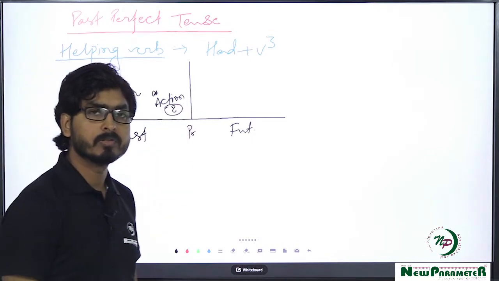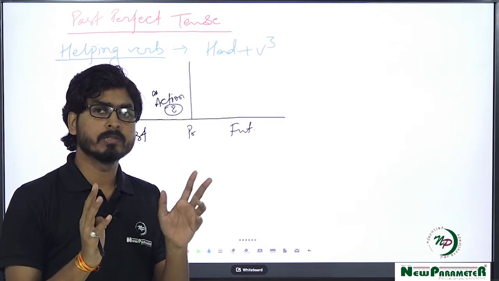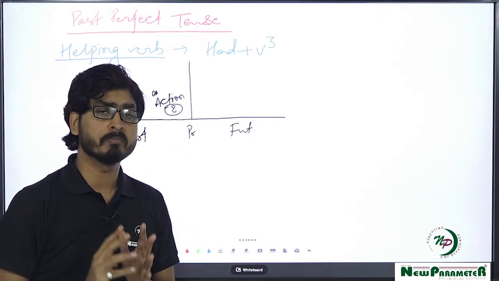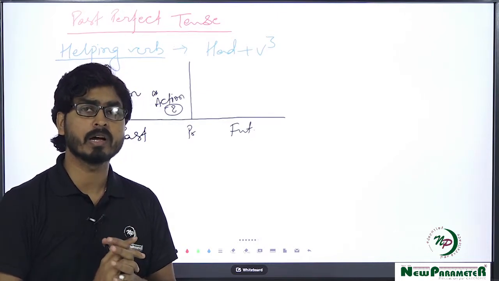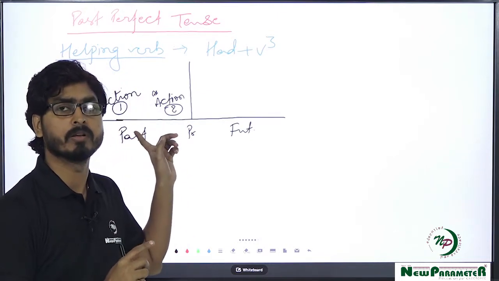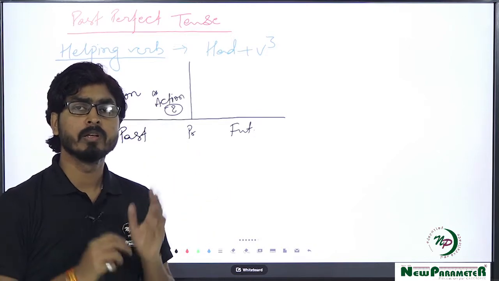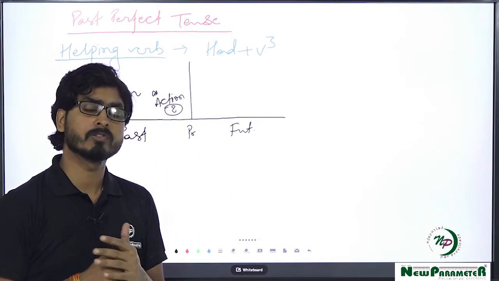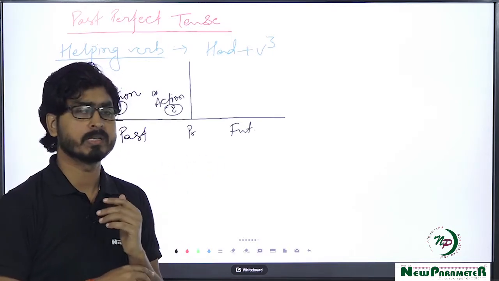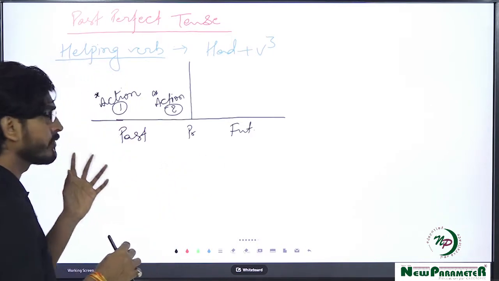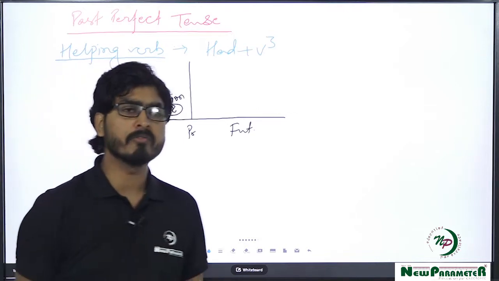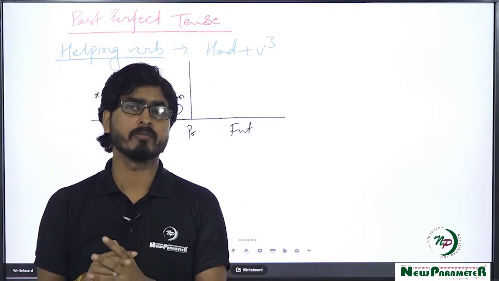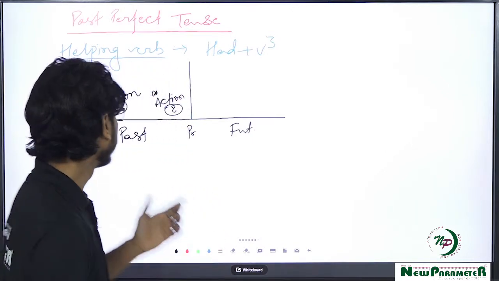I just want to show you two actions when they take place, because the maximum number of questions are asked from only this point, that you are given a sentence including two actions and both actions were done in the past. If we have two actions in the past, we can easily bifurcate which action was done firstly and which action was done secondly.